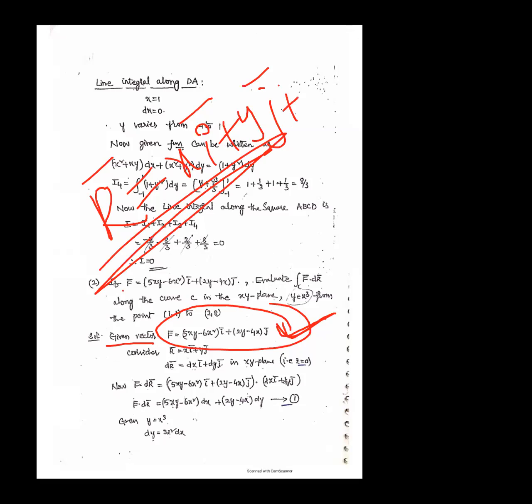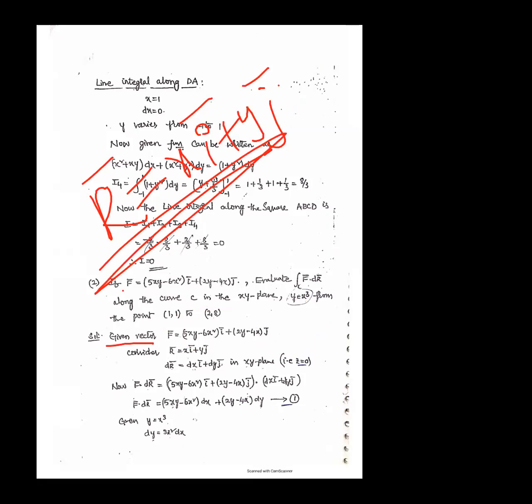Suppose you take z k bar, multiplying both functions, here no z term, no k bar, so 0 into k bar, plus 0 into z, that is also 0. So it is not required.